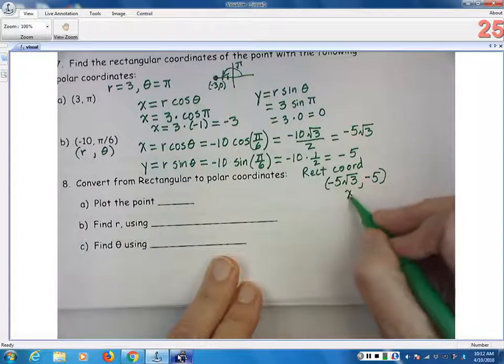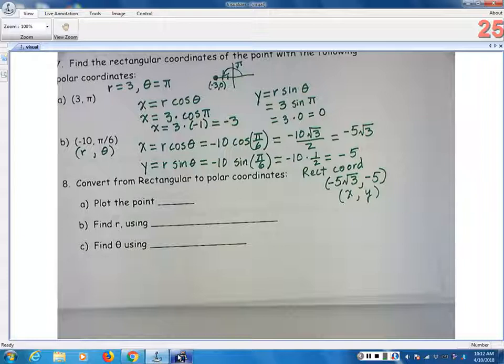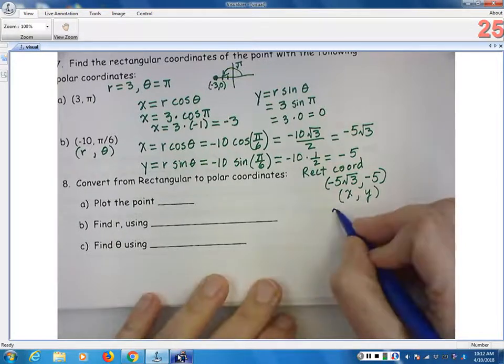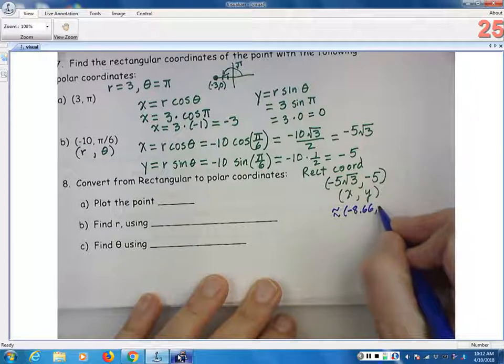That's x comma y for that example. In your calculator you would get approximately (-8.66, -5).